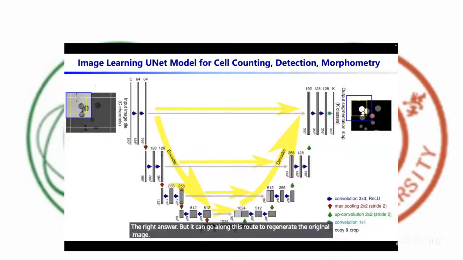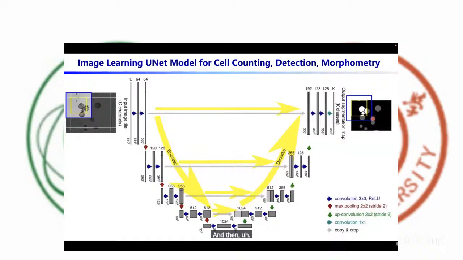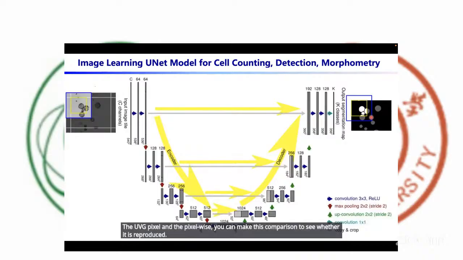For the regenerated image, you don't have to know the annotation. You can simply compare the images pixel by pixel and see whether it is reproduced 100% or 90%.